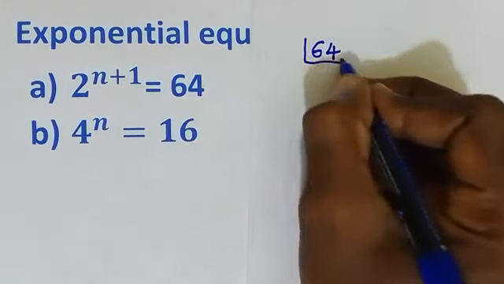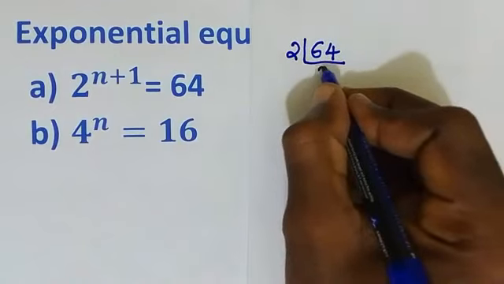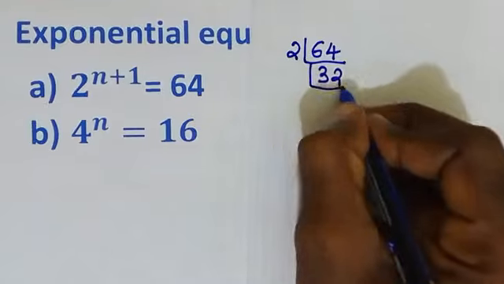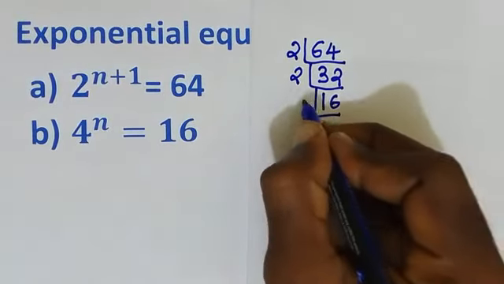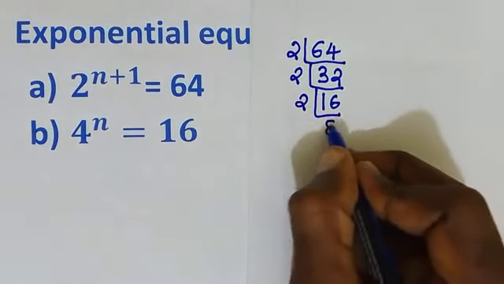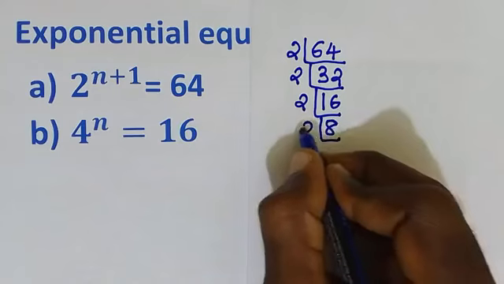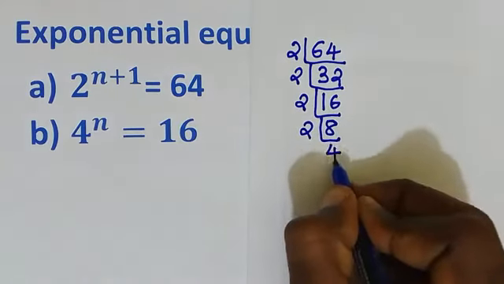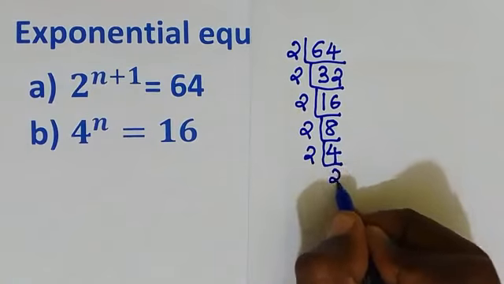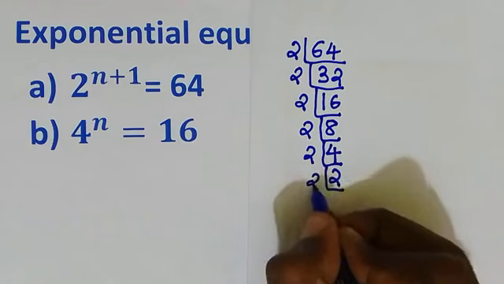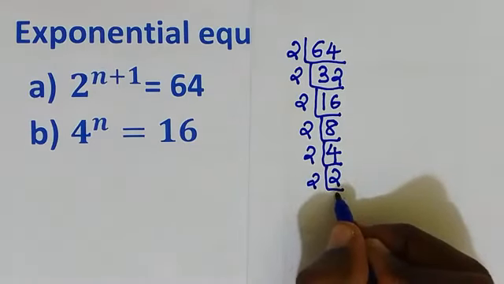64 divided by 2, we get 32, by 2, we get 16, by 2, it is 8, by 2, we get 4, by 2, it is 2, by 2, it is 1.